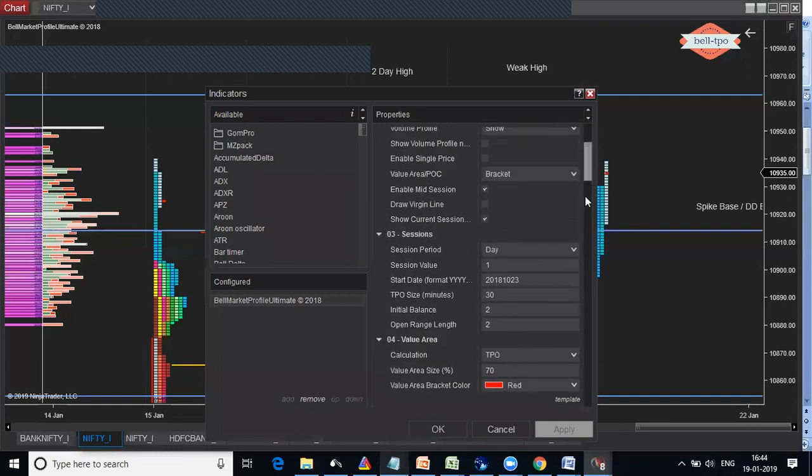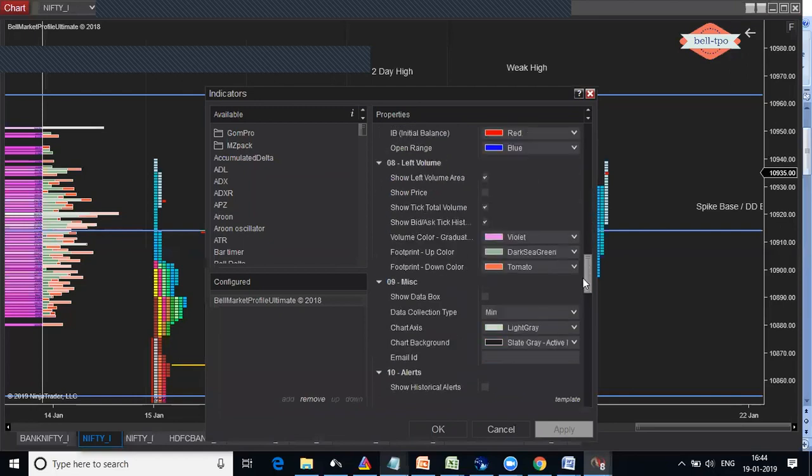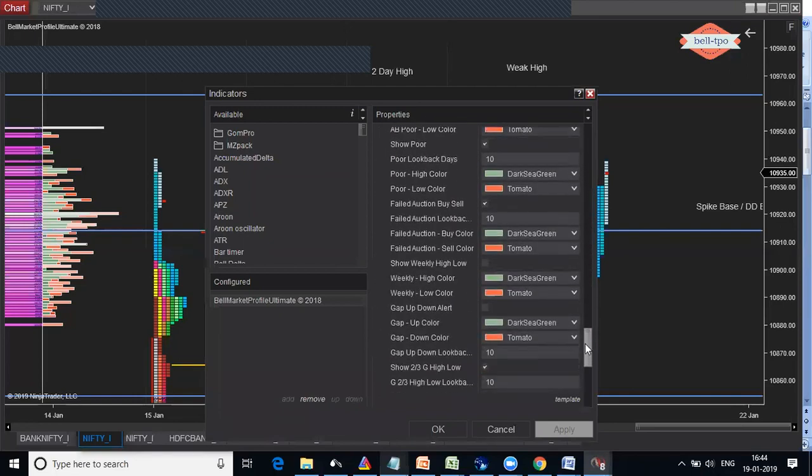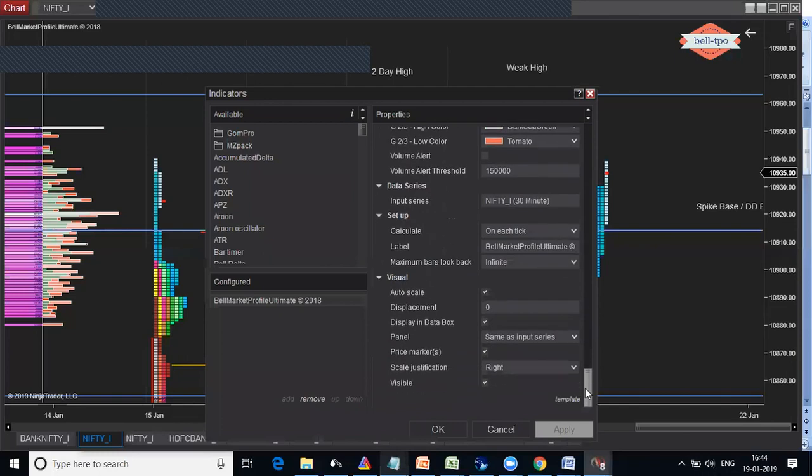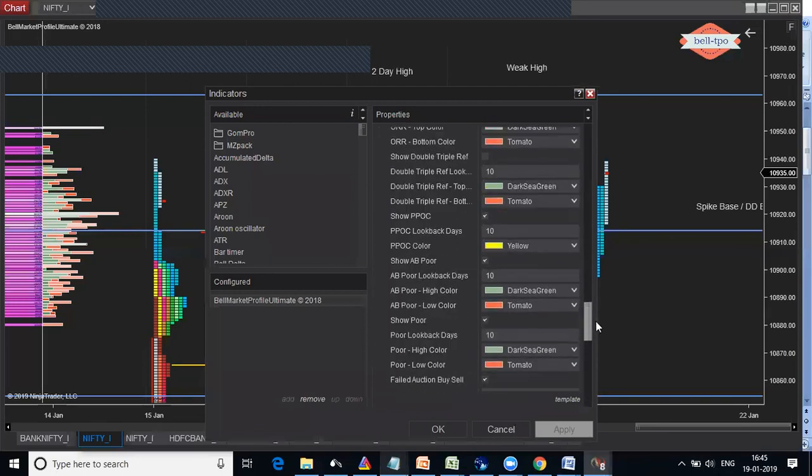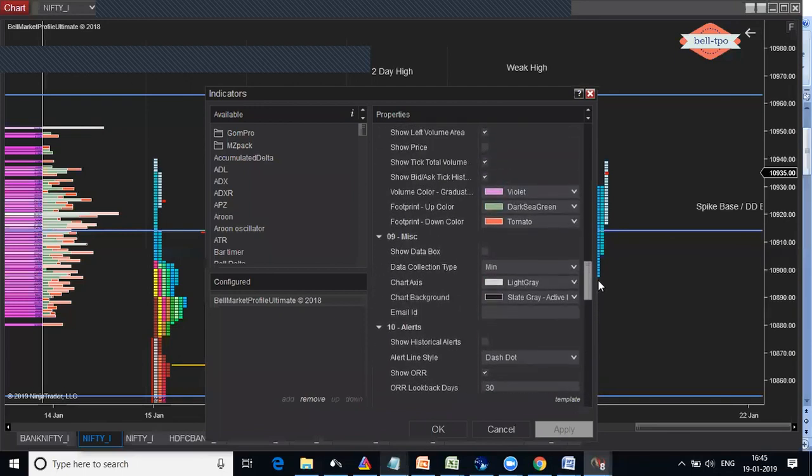By default it could be showing 1 minute if you are directly applying it to the charts. Make sure that it is on tick. I think I haven't set it up right. So where are the settings? Yeah, here it should be tick. So if you set it as tick, you will get the actual absolute volume.